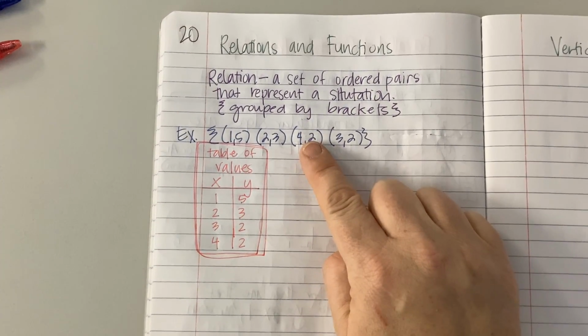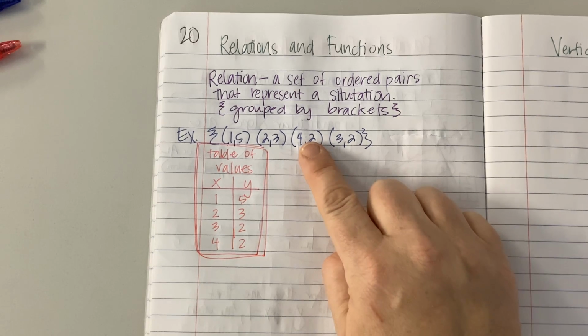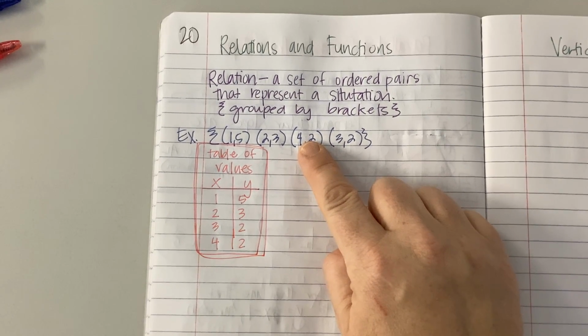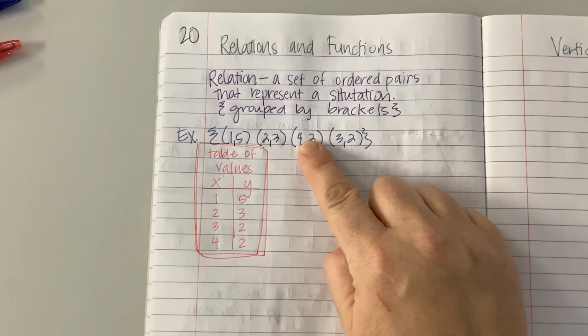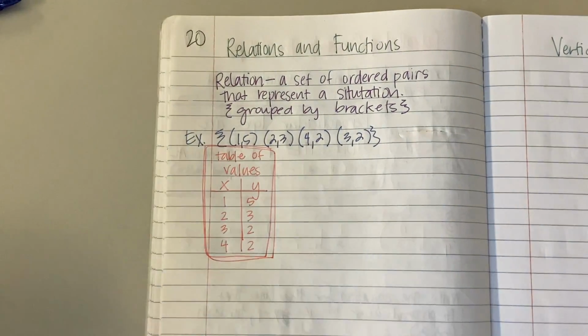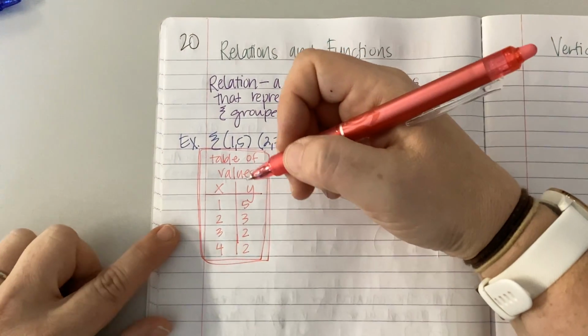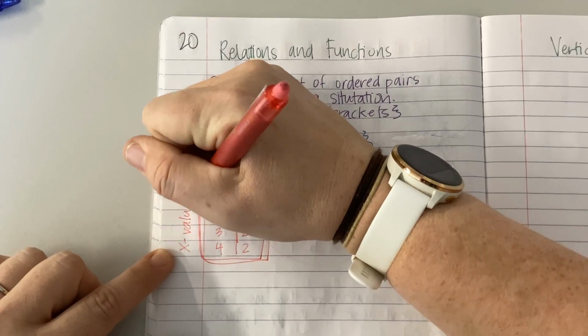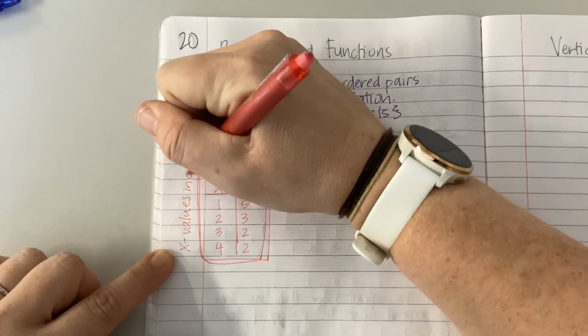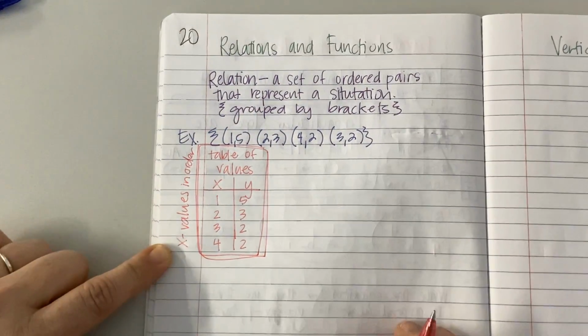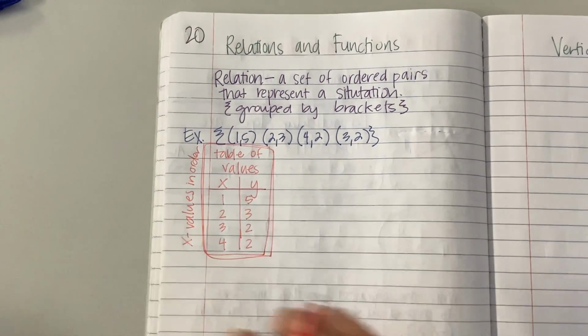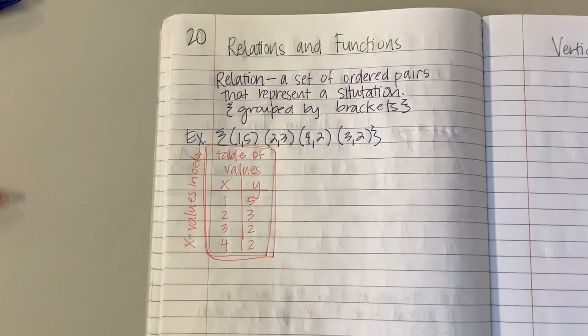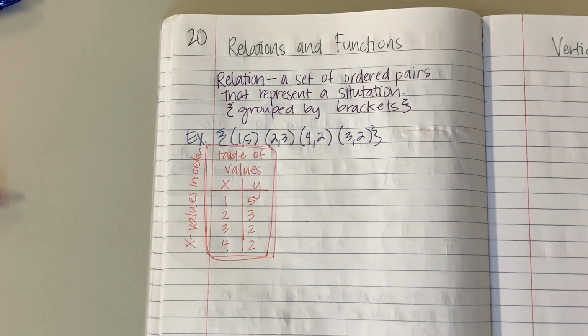But what did I do? Ruby, what did I put? What did I do? I put my X's in order. Right? My X values are in order. When you make the table version of it, your X values are in order.